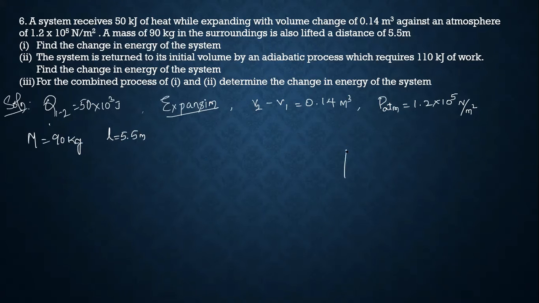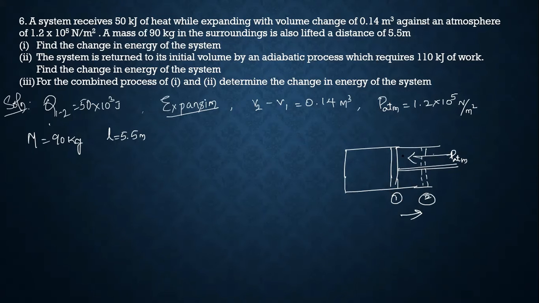If I consider a piston and cylinder arrangement, in expansion the volume increases. If this is state 1 and this is state 2, the piston is moving in this direction. That is the way the volume is increasing against the atmospheric pressure. Therefore, this is one PdV work, that is constant pressure work.